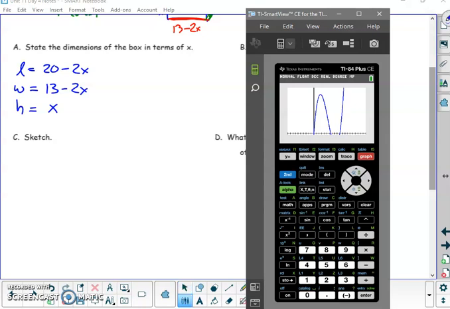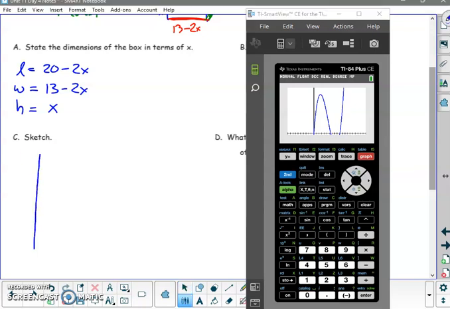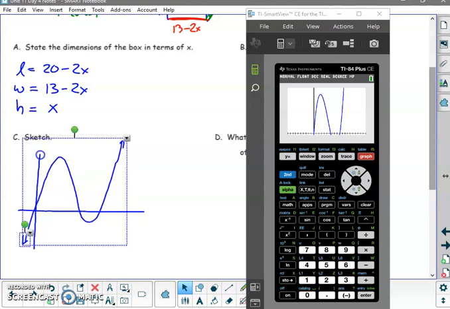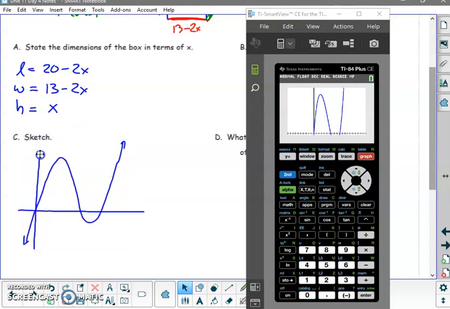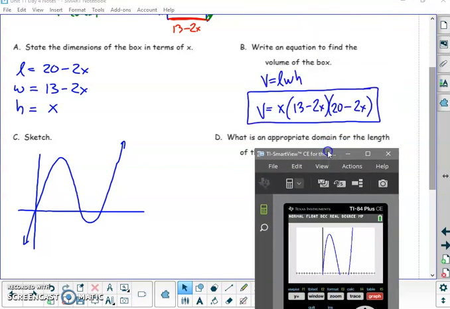So we're going to make a quick sketch. I want to talk about the appropriate domain for this. Okay. So there's my sketch.